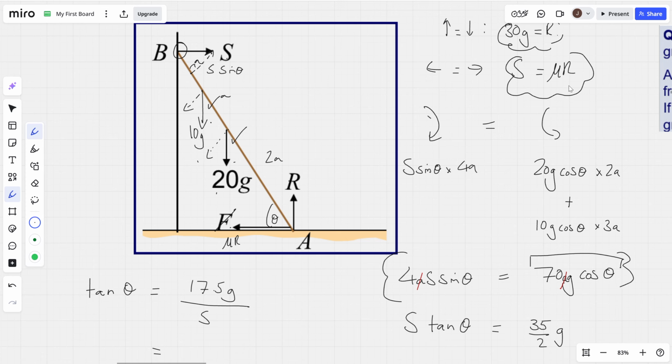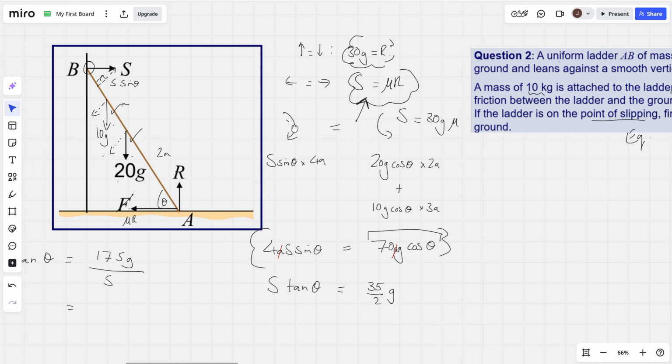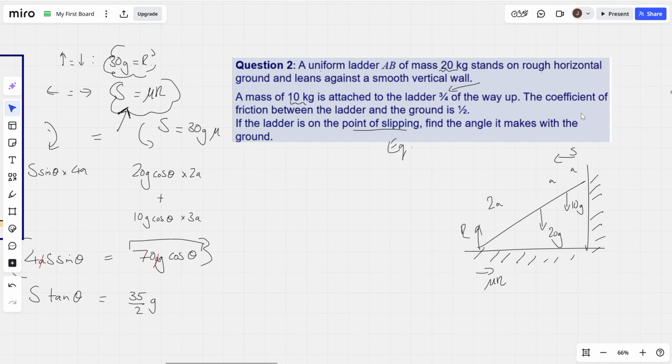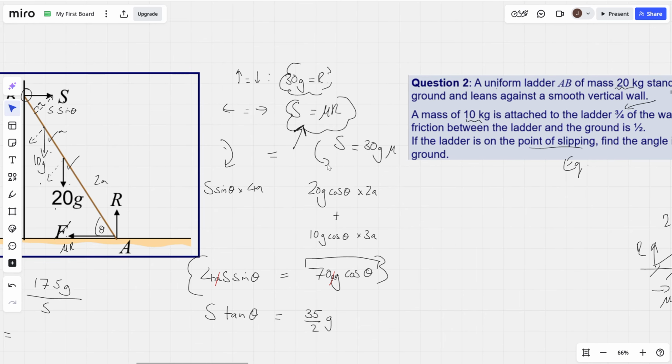And S is given by mu R, as we can see up here. In fact, you could do a little bit better than that. You could say S equals 30G mu. Now I'm hoping somewhere we've got the coefficient of friction, because I don't have that at the moment. The coefficient of friction is a half. Okay, perfect.